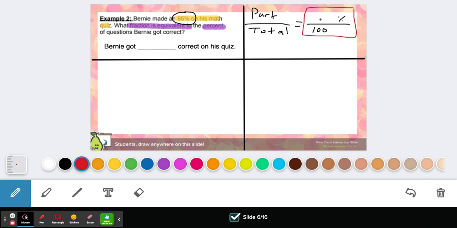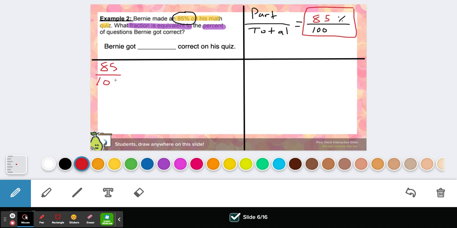Because I have a blank percent, guess where this 85 is going to go? Right here, because again, 85%. I have my percent signs right here and I need to fill it out. So now I'm going to be working with 85 over 100.